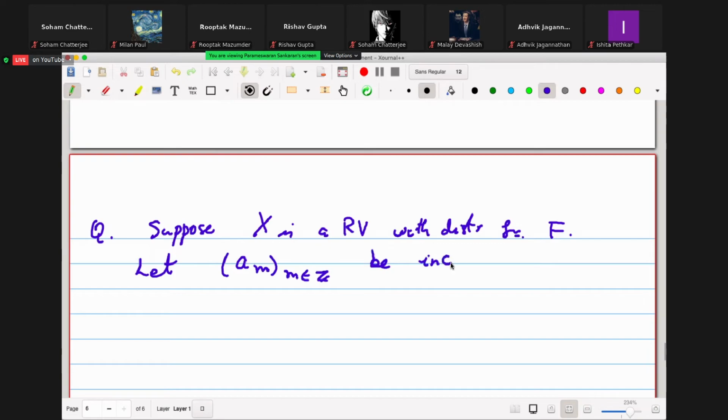What does that mean? When you think of it as a function from integers to real numbers, that's a strictly increasing sequence of real numbers.